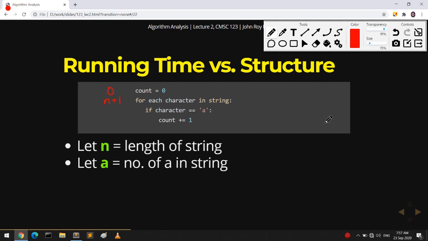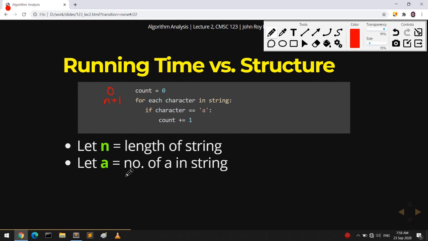Why is that? Note that n is equal to the length of the string, so of course we will have n here, but it still has to check the last character, which is the end of the string. So there's a plus 1 to check the end of the loop.